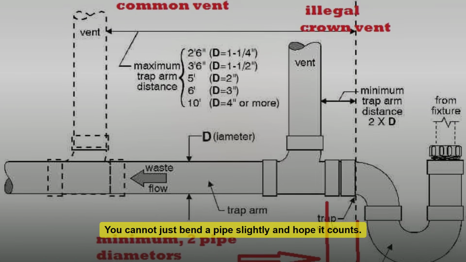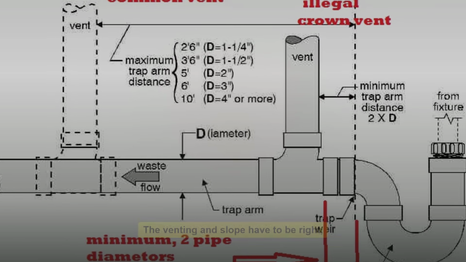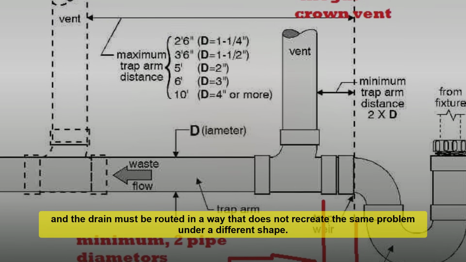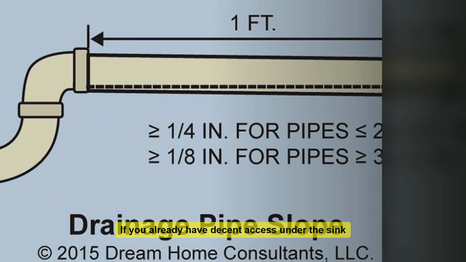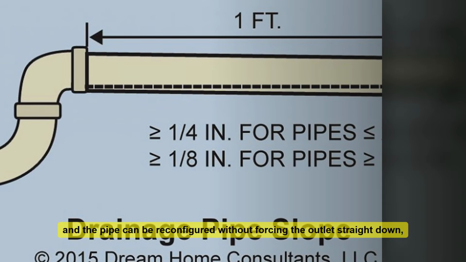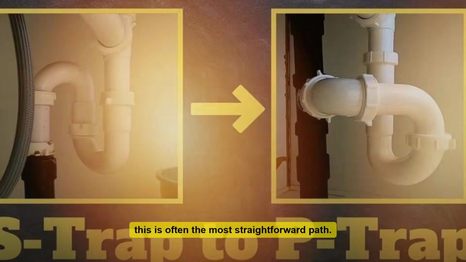You cannot just bend a pipe slightly and hope it counts. The venting and slope have to be right, and the drain must be routed in a way that does not recreate the same problem under a different shape. If you already have decent access under the sink, and the pipe can be reconfigured without forcing the outlet straight down, this is often the most straightforward path.